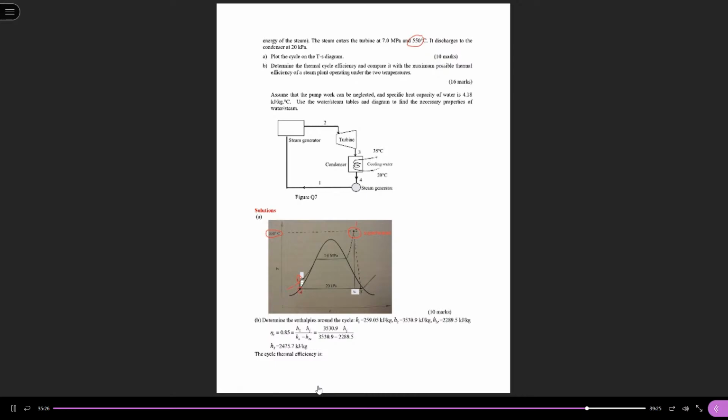This is an ideal isentropic compression process. However, for the actual one, with isentropic efficiency, it is irreversible.